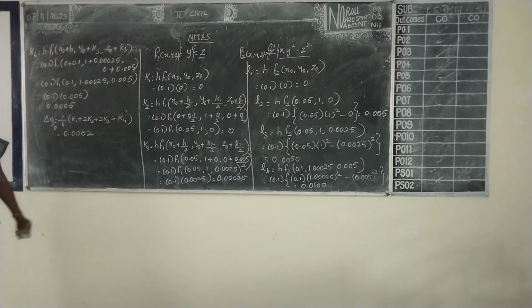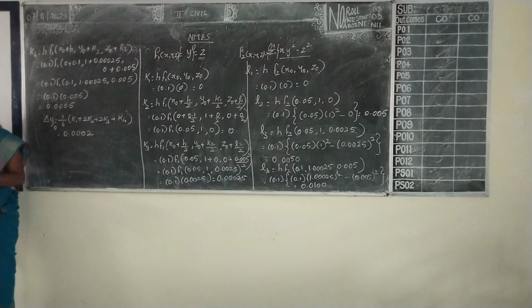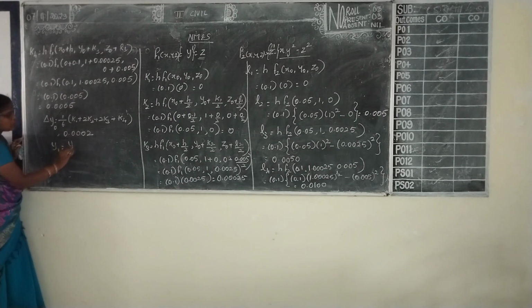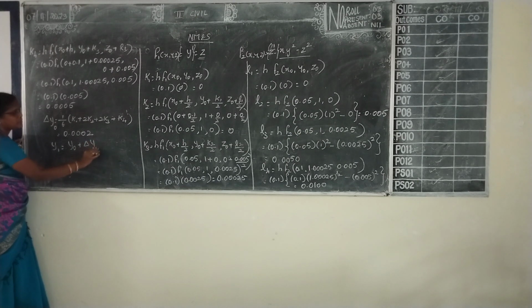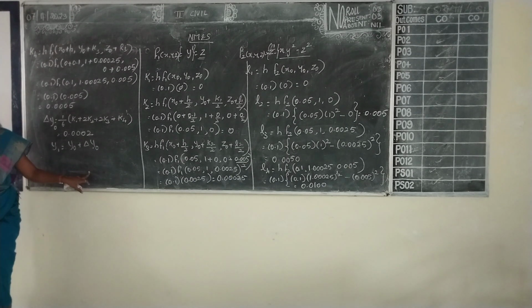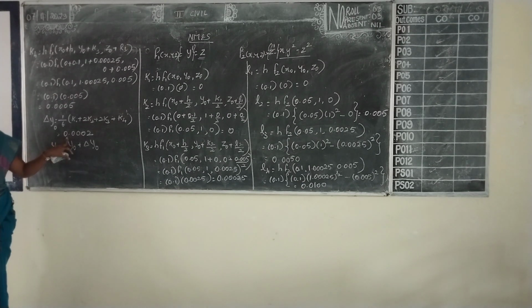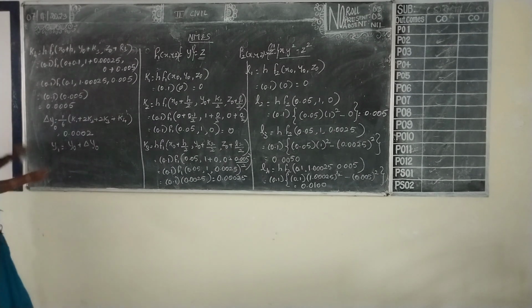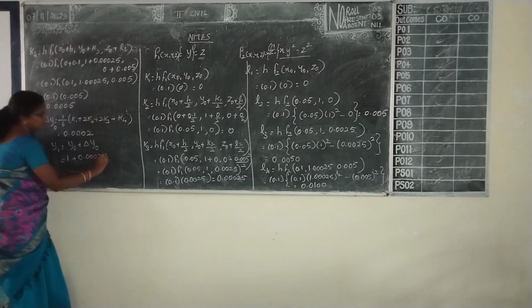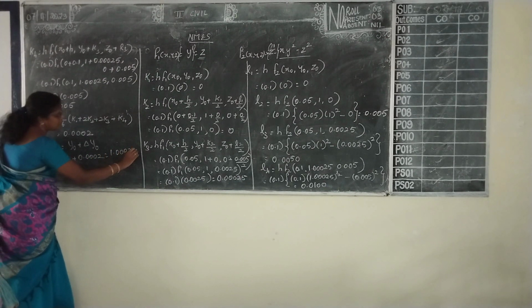Others? Same answer. So then you find y1 equal to y naught plus del y naught. What is the y naught value for the problem? Y naught is 1. So 1 plus 0.0002. So you get y1 to be 1.0002. That is your answer.